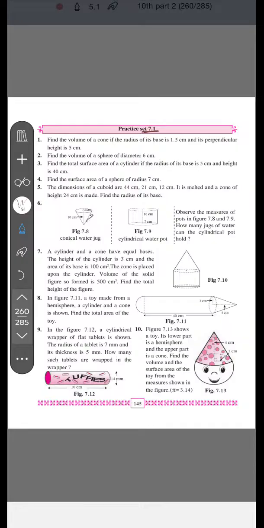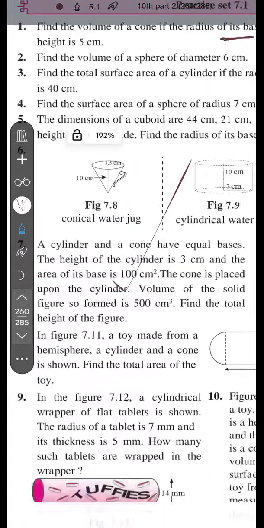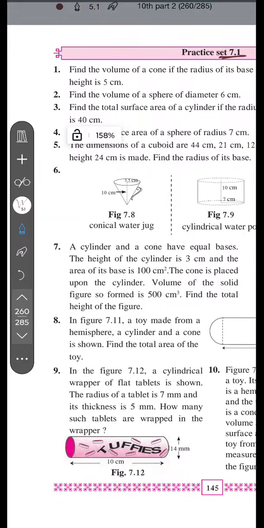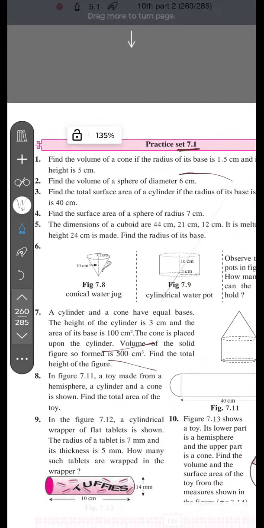Okay, so I will start here with the number 6 question. What does that question say? You can see. Yeah, now it's visible to you also. What it said? Observe the measures of the pots in the given figure. How many figures are given here? See, 2 figures are given here.